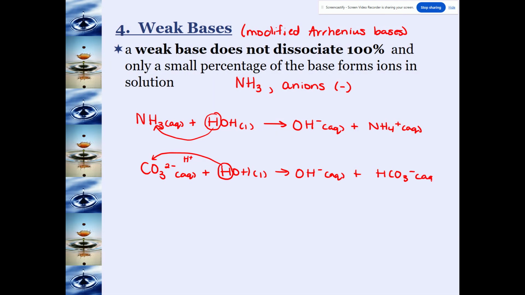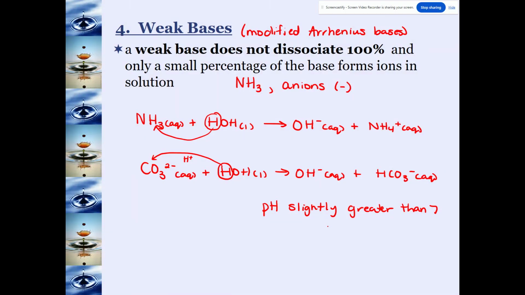We talked in the lesson yesterday about how those charges change. When you gain a hydrogen, it increases the charge by 1. Okay, so these are weak bases. They are producing hydroxide, but they're only slightly producing hydroxide. They will conduct a lot less than a strong base would, and their pH is also going to be only slightly greater than 7.